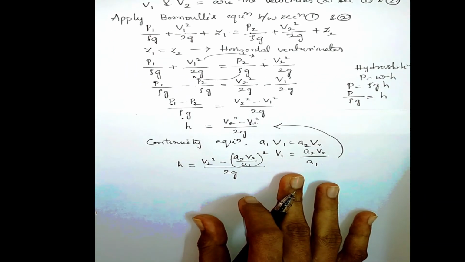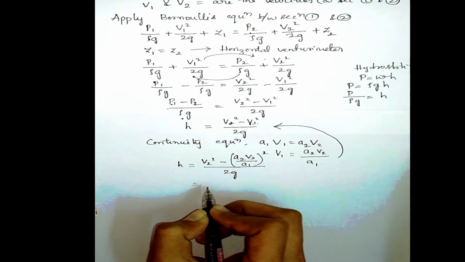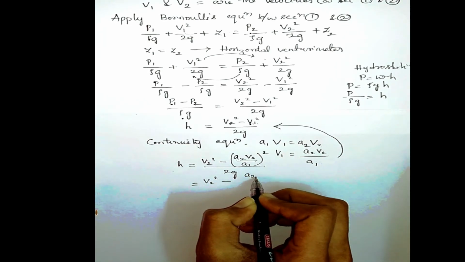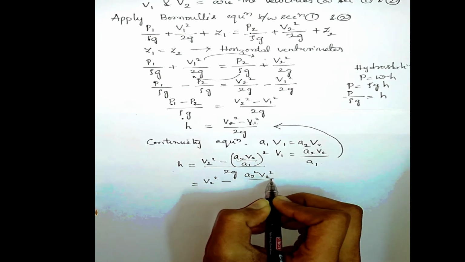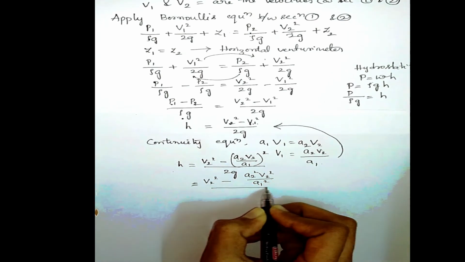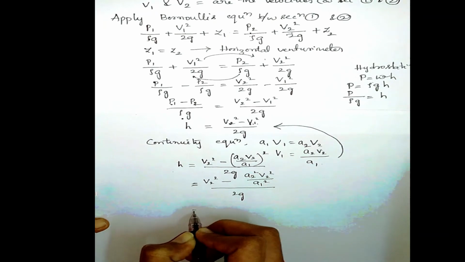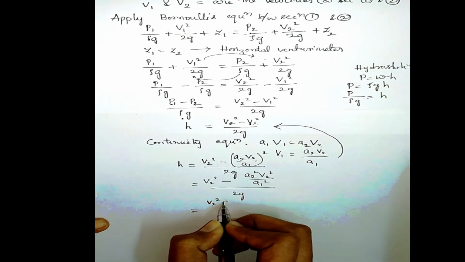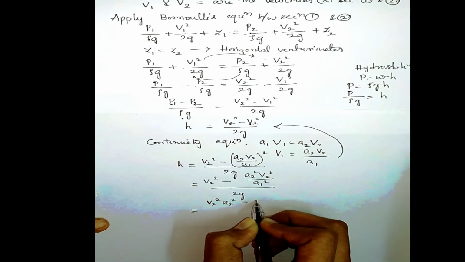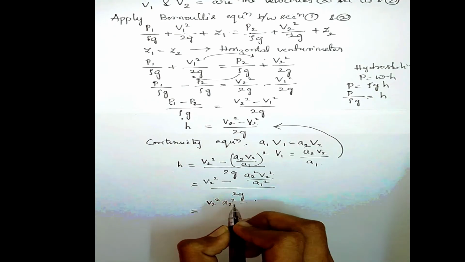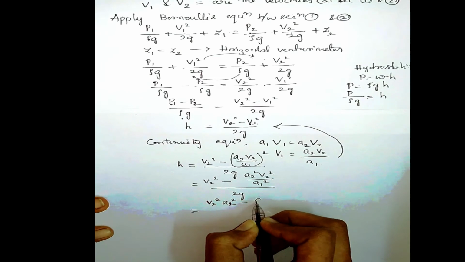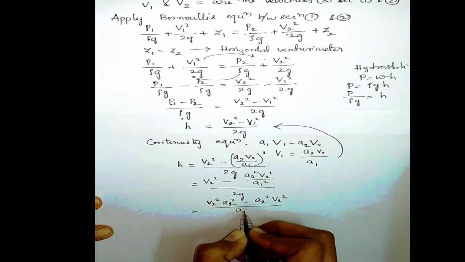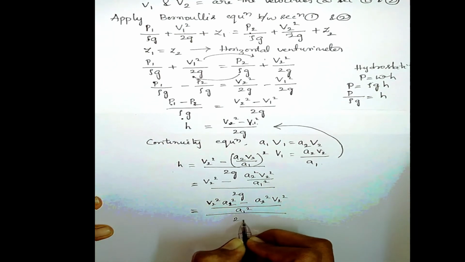Now simplify this. It is V2 square minus A2 square V2 square divided by A1 square, all divided by 2g. So V2 square into (A1 square minus A2 square) divided by A1 square, divided by 2g.